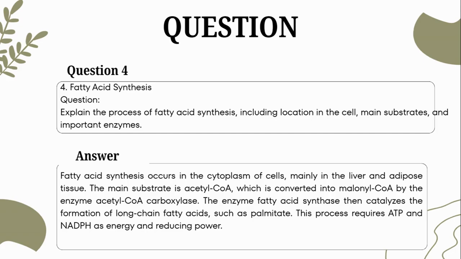The main substrate is acetyl CoA, which is converted into malonyl CoA by the enzyme acetyl-CoA carboxylase. The enzyme fatty acid synthase then catalyzes the formation of long-chain fatty acids such as palmitate. This process requires ATP and NADPH as the energy and reducing power.